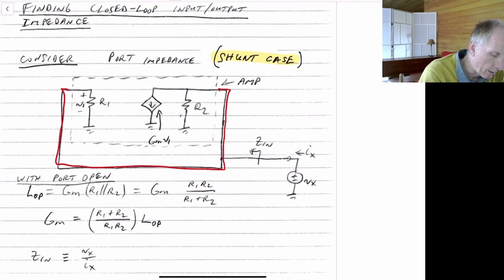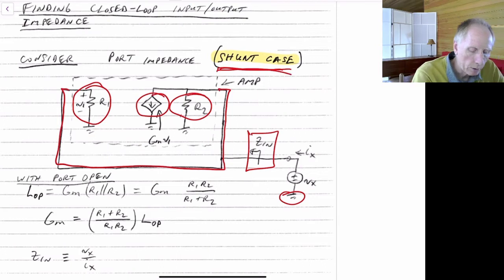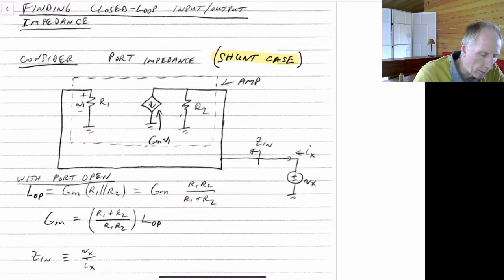Then we could model everything inside this as having an input impedance, a transconductance, and an output resistance. This is the port that we want to be measuring. We're assuming that we've decided on a port here, Zin, relative to ground, so we're looking at the shunt case, measuring it to ground. We'd like to determine what Zin works out to be.